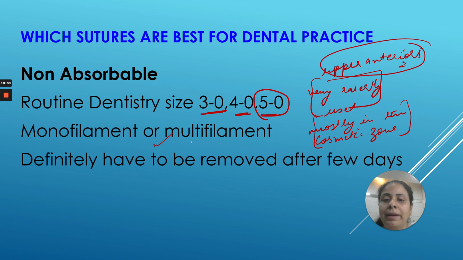They can be monofilament or multifilament. They have to be removed. You cannot leave them, right? So 3-0 and 4-0 is what I use most commonly. 4-0 is my preference all the time.